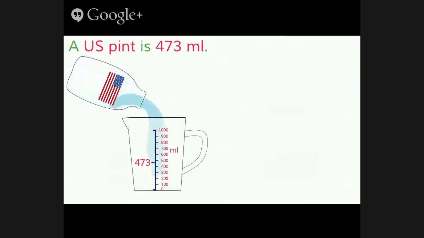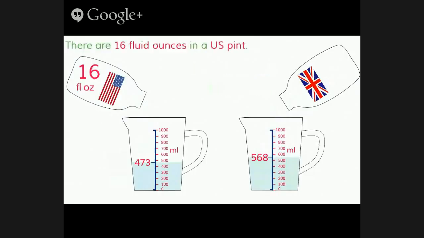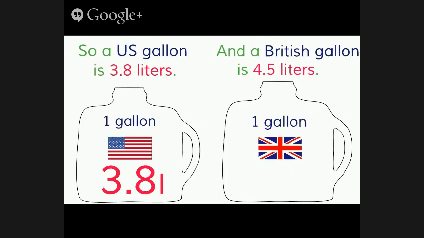A US pint is 473 and a British pint is 568. There are 16 fluid ounces in a US pint, 20 fluid ounces in a British pint. So a US gallon is 3.8 liters, and a British gallon is 4.5 liters.